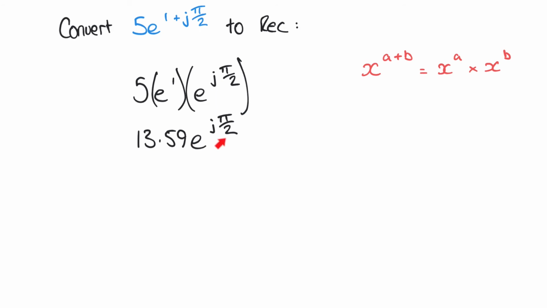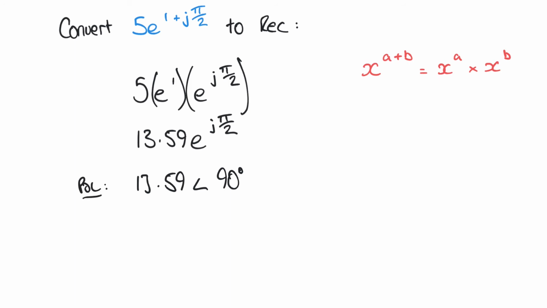Here, pi over 2 is our value for theta in radians, and pi over 2 radians is the same as 90 degrees. So in polar form we have 13.59 at an angle of 90 degrees.